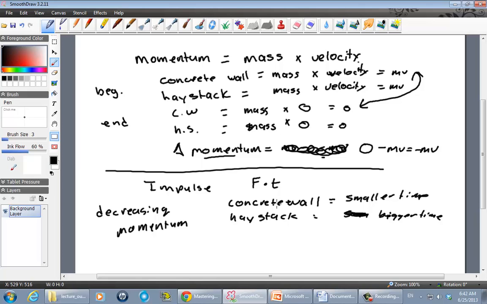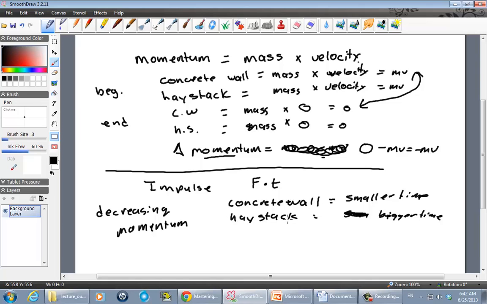But it takes longer if you have a haystack. So in this instance, as we're decreasing our momentum, this one happens faster than this one does.